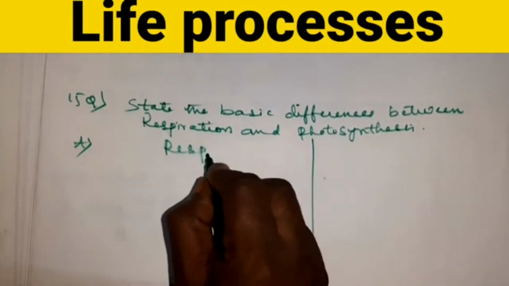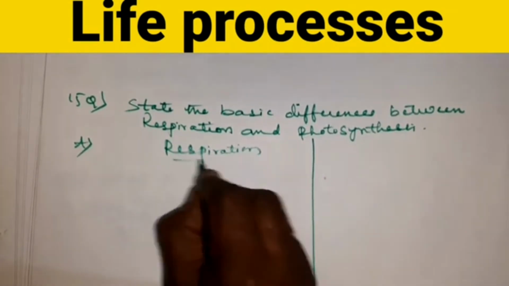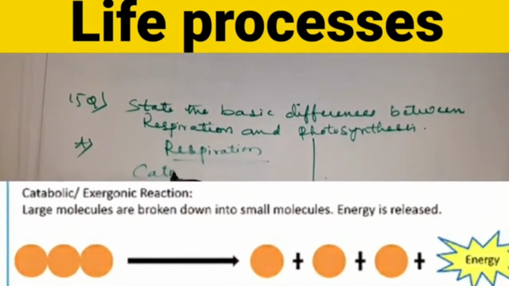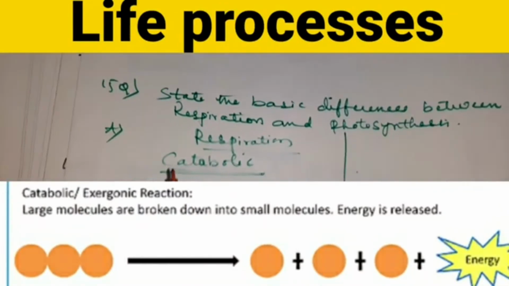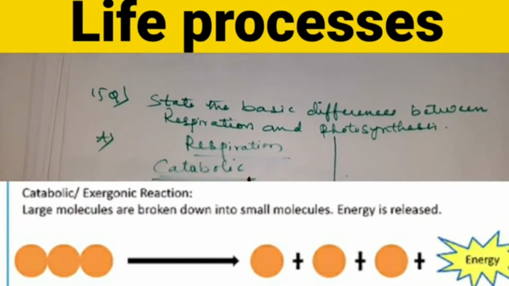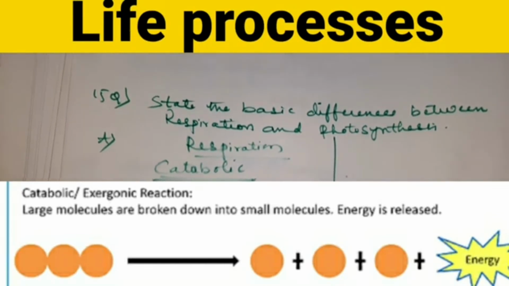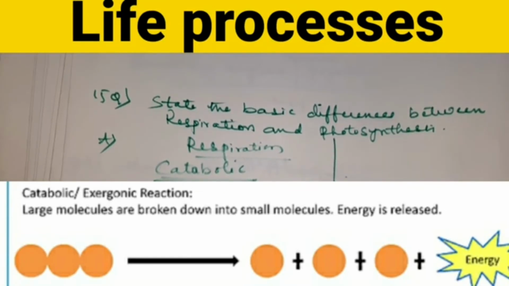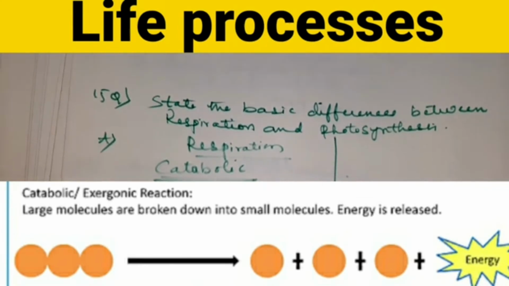Next question, state the basic difference between respiration and photosynthesis. Respiration involves a catabolic process, children. Catabolic process is where large molecules are broken down into small molecules with the release of energy. It involves complete breaking down of glucose.